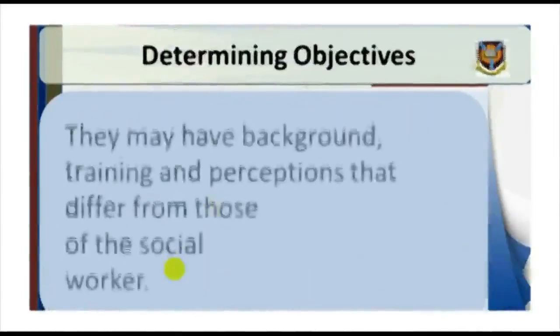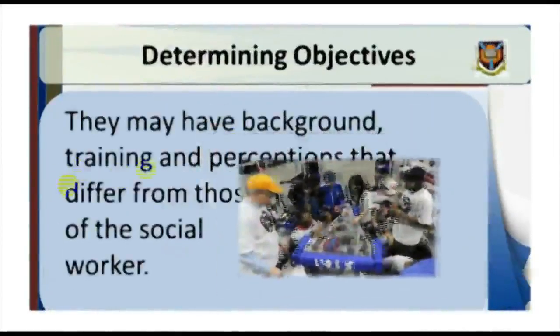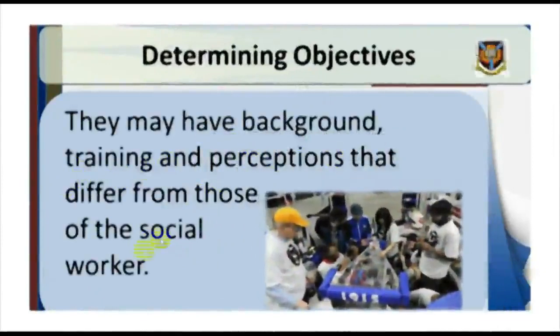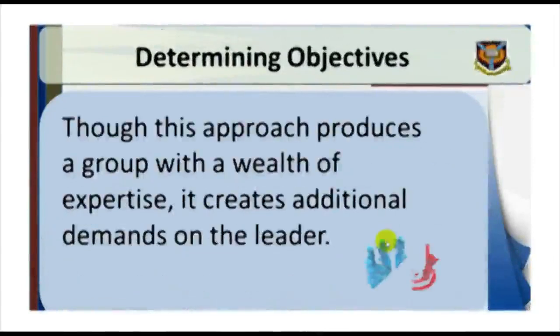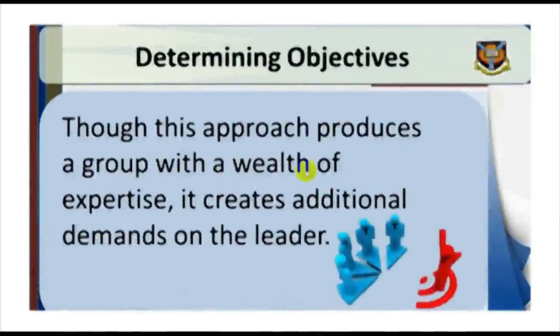They may have background, training, and perceptions that differ from those of the social worker. Though this approach produces a group with a wealth of expertise, it creates additional demands on the leader.